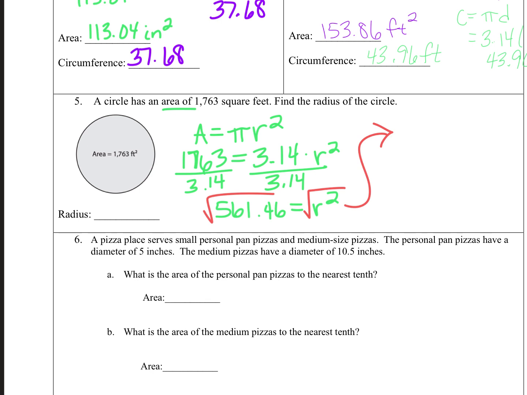On my calculator, I push second x squared because that gives me the square root. Then I type in 561.46 and push enter. I get a big long decimal. That's okay. I'm going to round it. So my radius equals 23.7 feet.